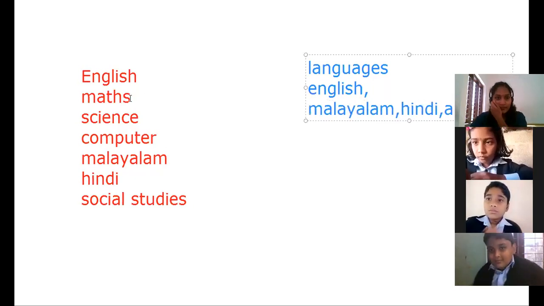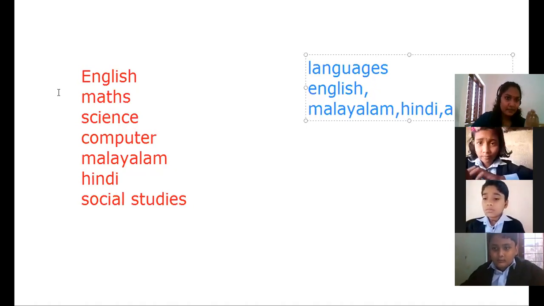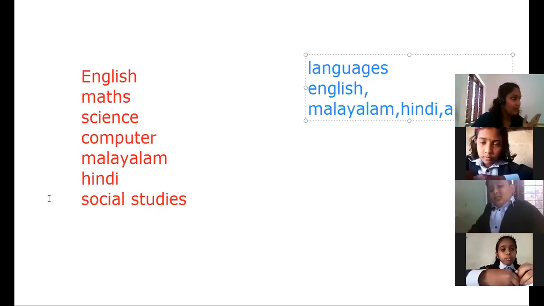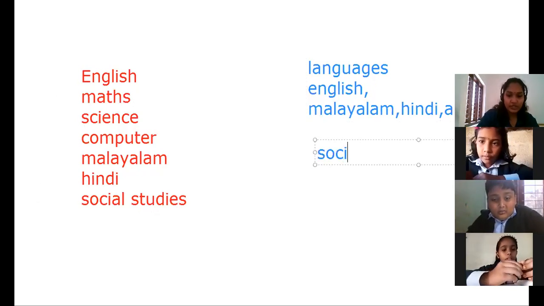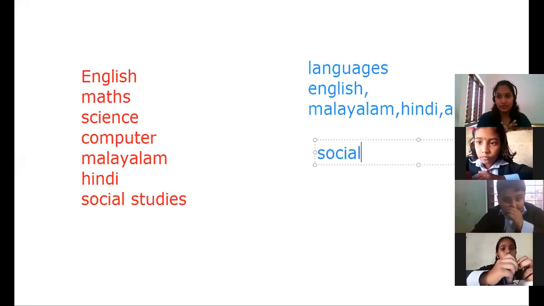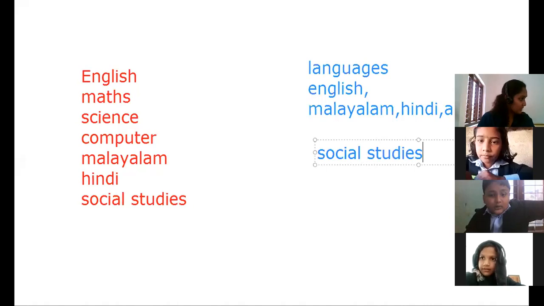And actually the subjects are science, maths, social. Social studies again can be classified. I don't know whether you study social studies. In 7th and 8th class they have 3 textbooks, and you also have 3 textbooks.